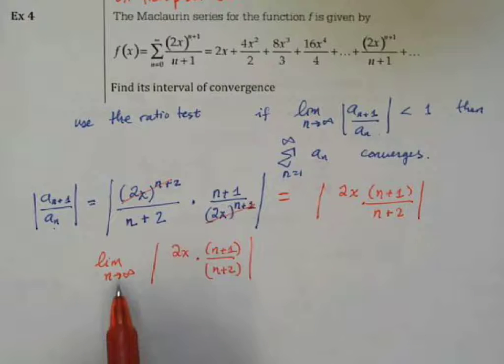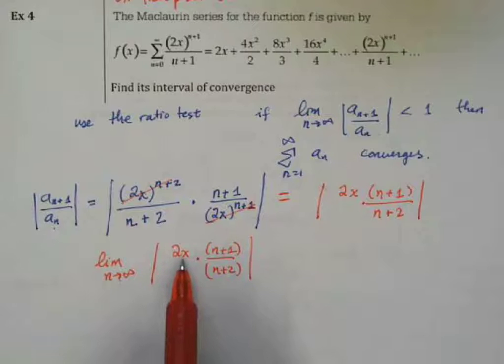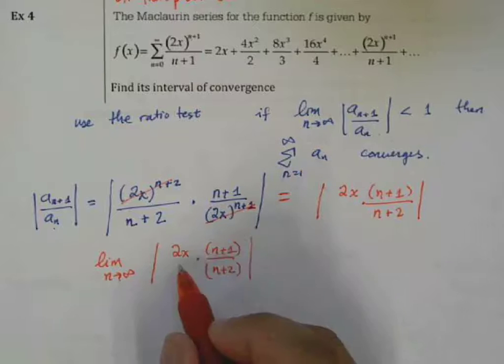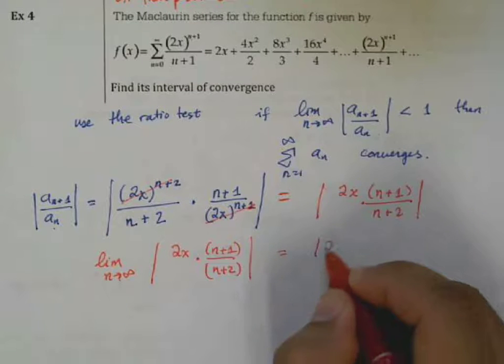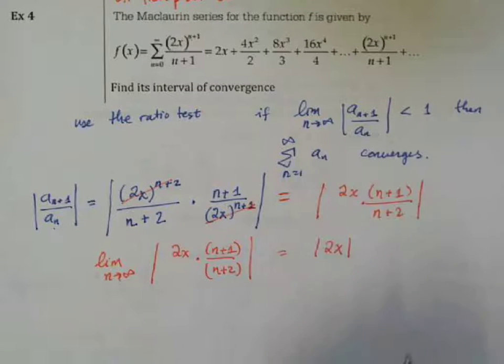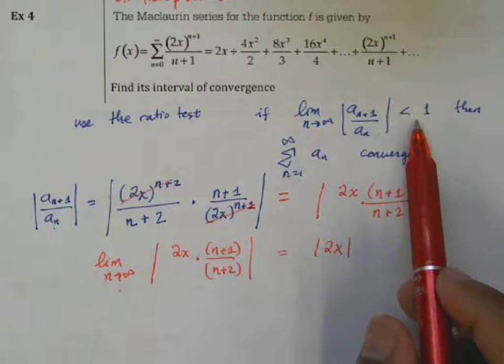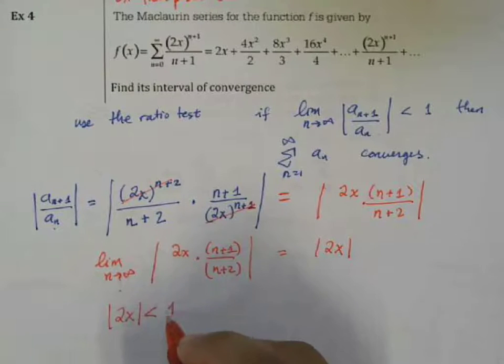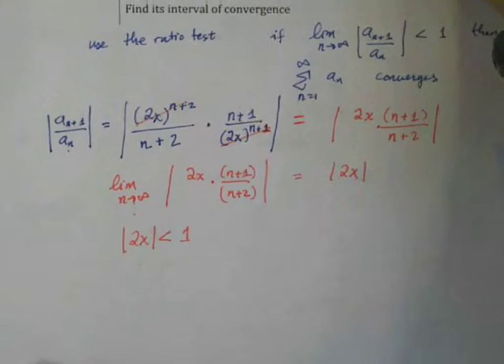Now this limit is with respect to n, so the 2x is treated sort of like a constant. In the long run, if you just look at leading terms, this will approach 1 times 2x. So this is equal to the absolute value of 2x. Now we know that if this limit is less than 1, then the series will converge. So the absolute value of 2x must be less than 1 for the series to converge.